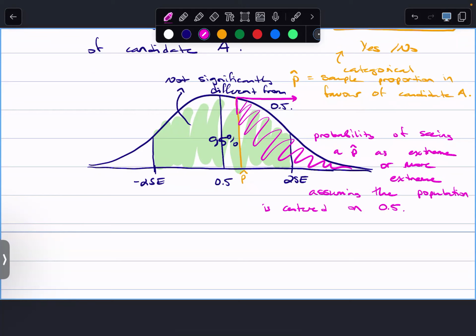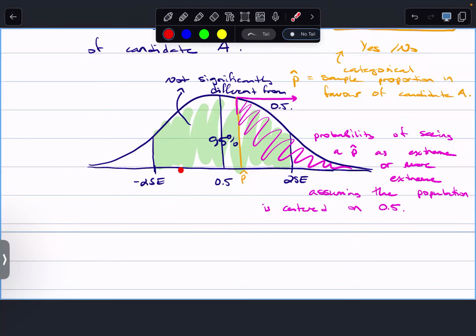Yeah. And so that's what we're going to develop today, is just linking these areas to a z-score, or rather finding a z-score to find the areas, right? And these probabilities of seeing something as extreme or more extreme, which is always going to be the area in the tail.